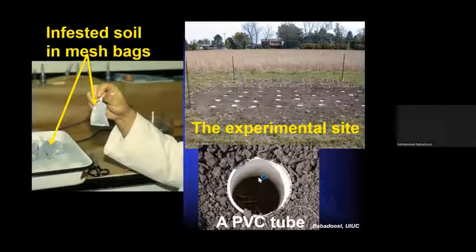We used PVC tubes because we wanted to put the oospores in the soil, in bags that let water penetrate and move through, and put them in the PVC tubes to be able to remove them. And then we removed them every 6 months for replication.